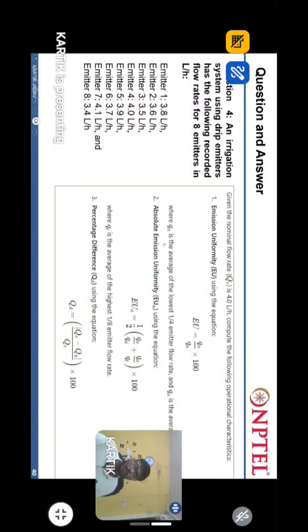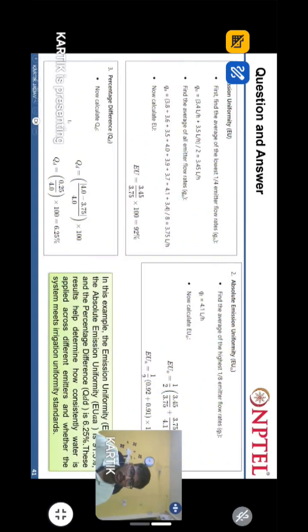Okay, so I hope you tried to solve this question. Let's solve it here. First we need to identify emission uniformity, that is given by Qn by Qa multiplied by 100. So what is Qn?